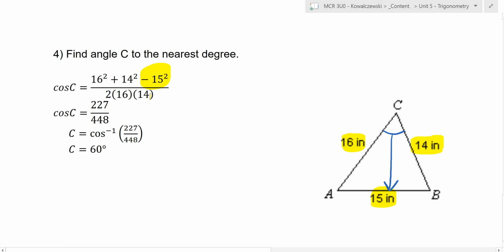All I've done is simplify: the numerator is 227, and the denominator is 448. This is something like what we would solve back when we did right angle trigonometry. So if cosine C equals 227 over 448, do the cosine inverse, and then we are good to go. Again, no decimals at all. Everything is exact right up until the very end.